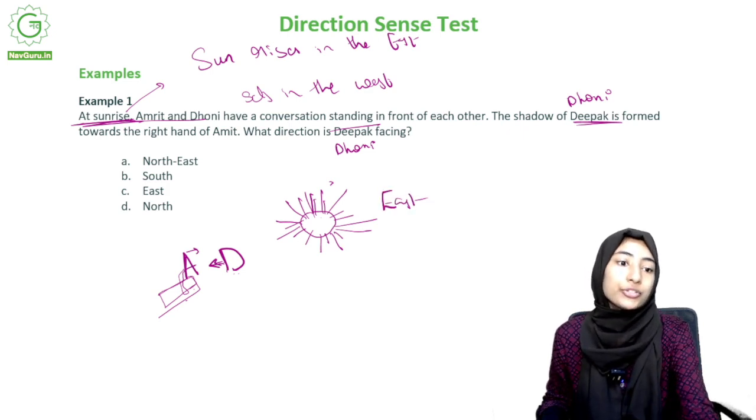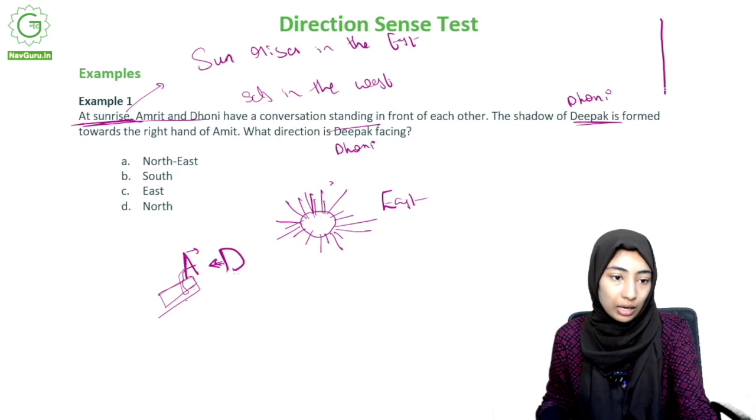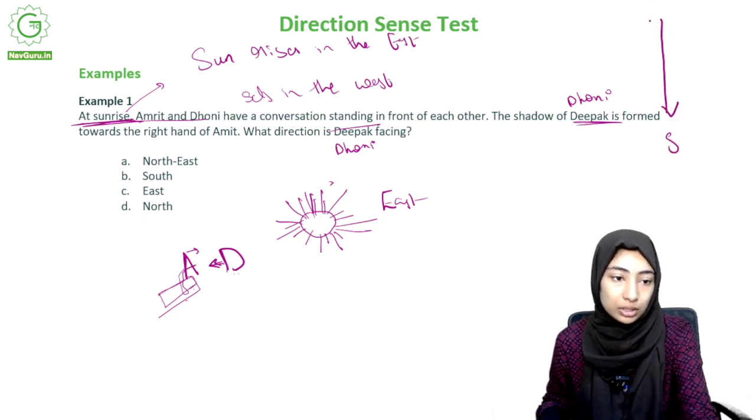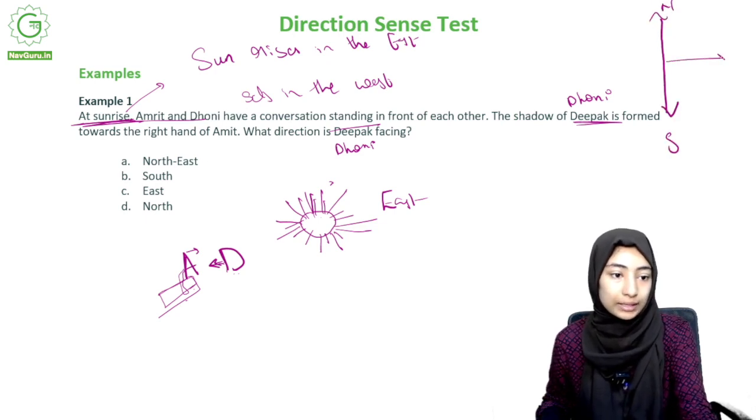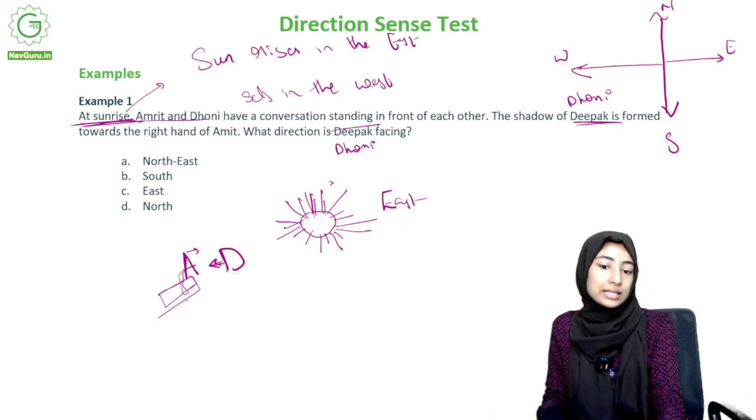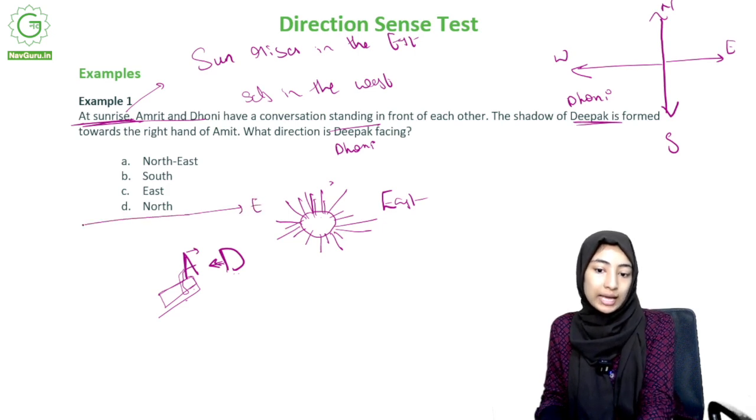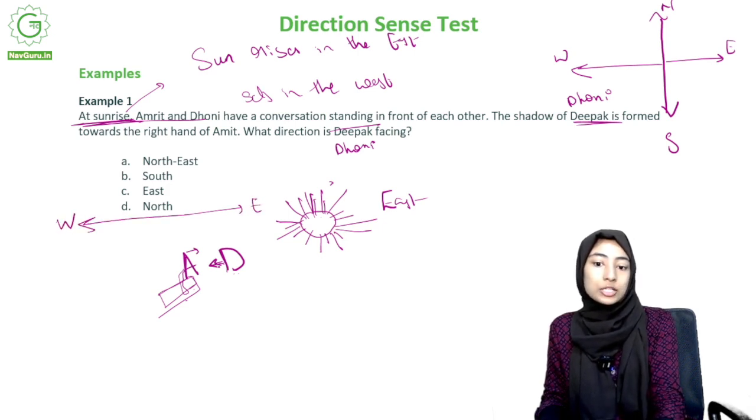Okay, I'll just draw the main cardinal directions here. How does it look? South, north, east, west, right? So I know that this direction is the east. So basically here you have the east. So this direction will be the west. So now he is facing.